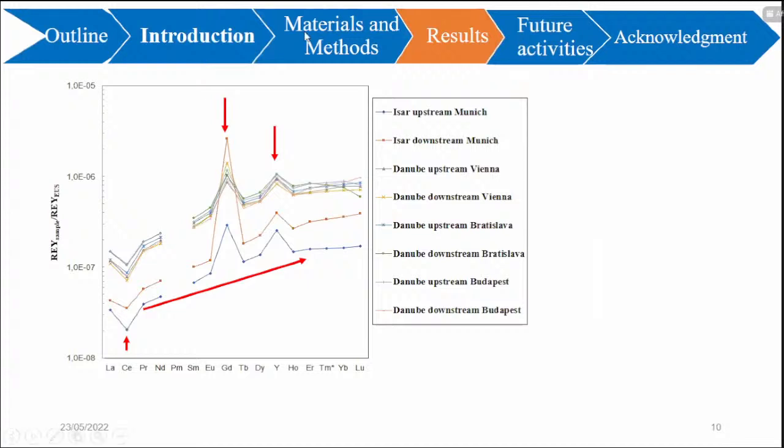So here we include the ESR upstream of Munich. In this case, it is still the same pattern as that of the major Danube River, but the gadolinium concentration seems higher here, but the river in ESR is not as huge as the Danube, so it may be expected like this one.